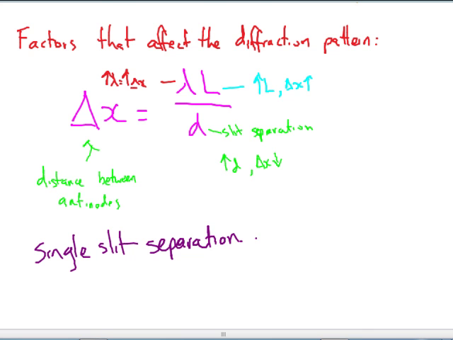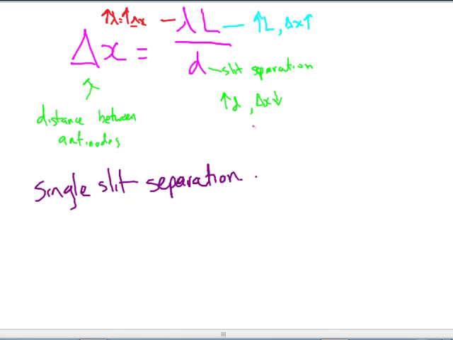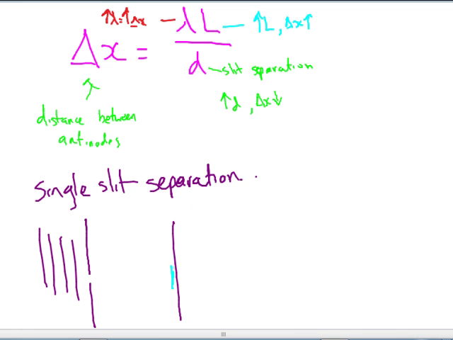And single slit separation. So this is where we're passing light through a single slit, and then we get a pattern appearing on the screen.